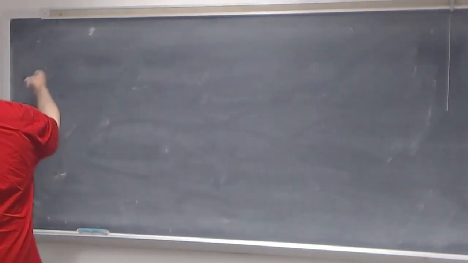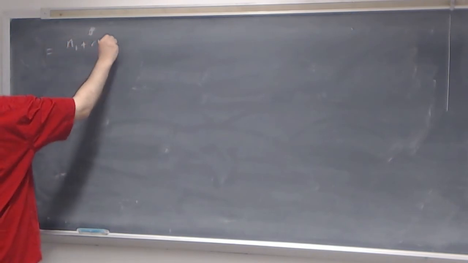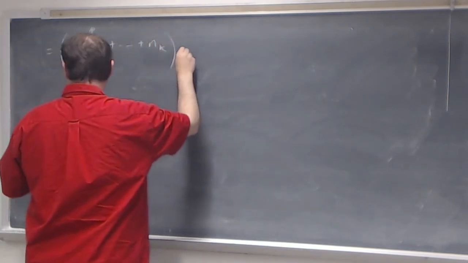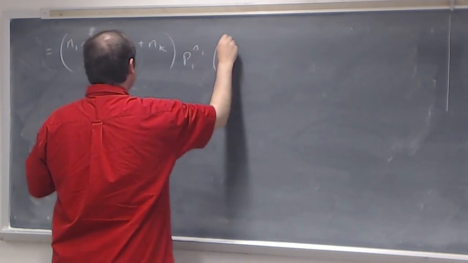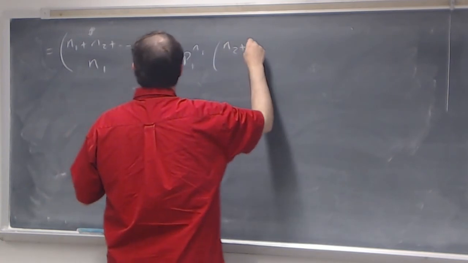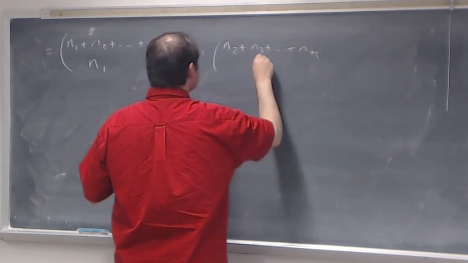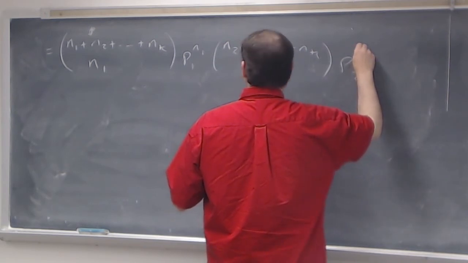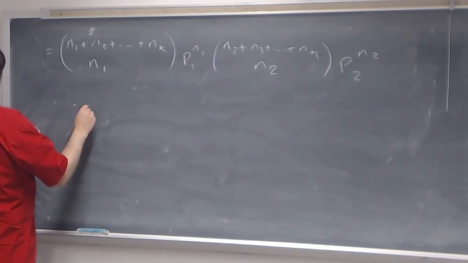Remember in our example, we had binomial, because there were only two types there. Here, this is going to be equal to n sub 1 plus n sub 2 plus n sub k, choose n sub 1, times p sub 1 to the n sub 1, and then it's going to be n sub 2 plus n sub 3 plus all the way up to n sub k, choose n sub 2, times p sub 2 raised to the n sub 2, and then times, and we're going to keep going.